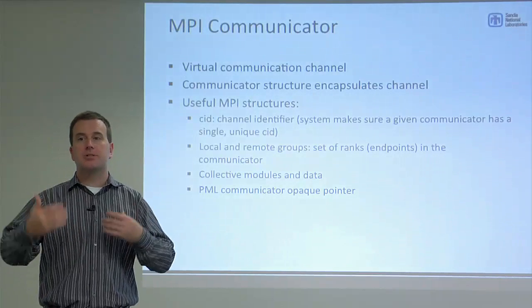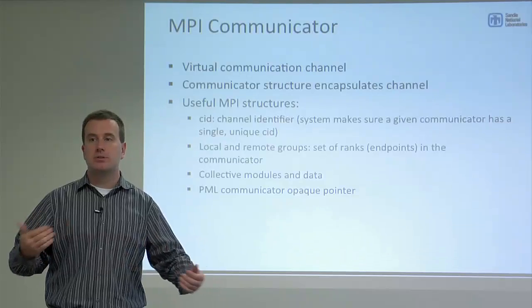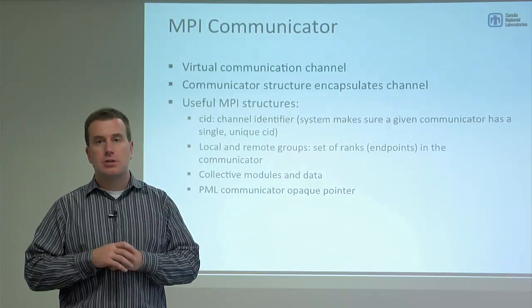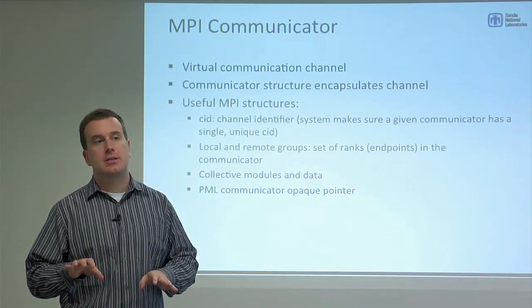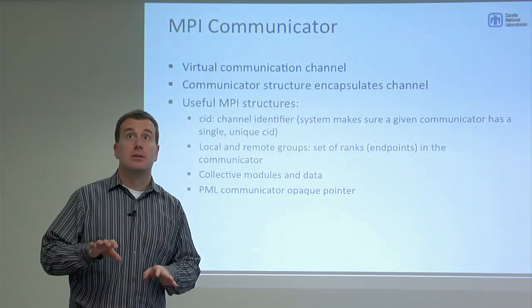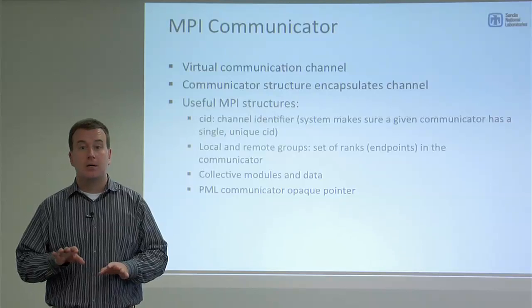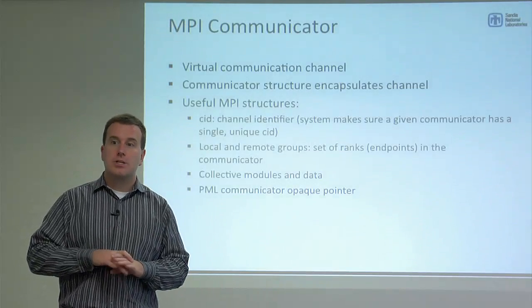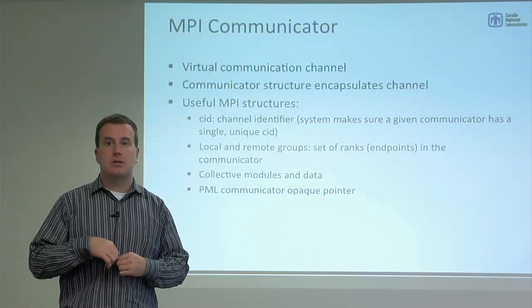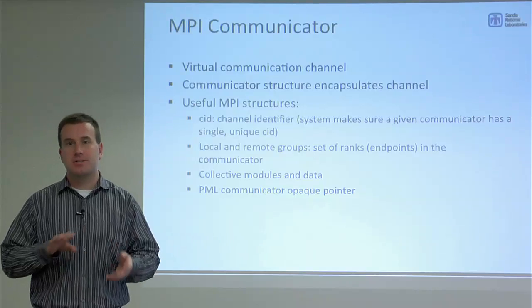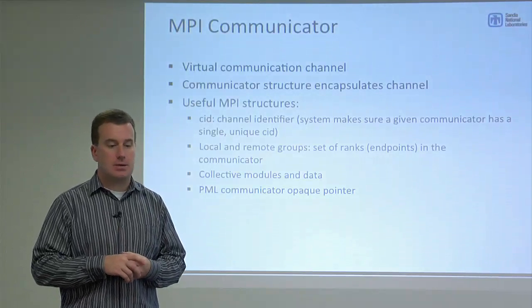You can have multiple channels between any two given processes in the system. You generally start out with two in MPI. One channel is all the processes that you started with, and another one is just you, which is actually useful for a number of interfaces.